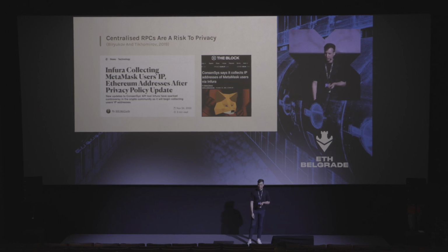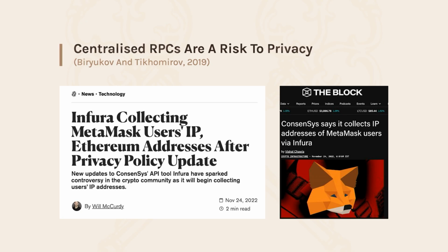I don't know who of you has been around 2 years ago, when MetaMask and Consensus updated their terms and conditions and their privacy policy, and all of a sudden started linking IP addresses with Web3 addresses.